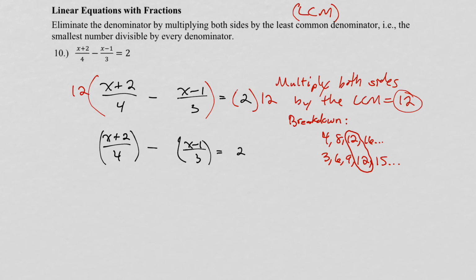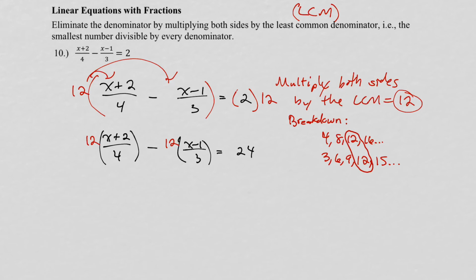And well, we can already see 12 times 2 is 24, so we can just multiply that. I think it's easier to see instead of distributing in your mind. Just go ahead and write the 12s on every single term.